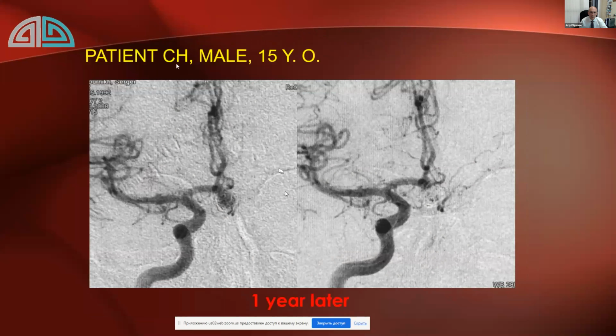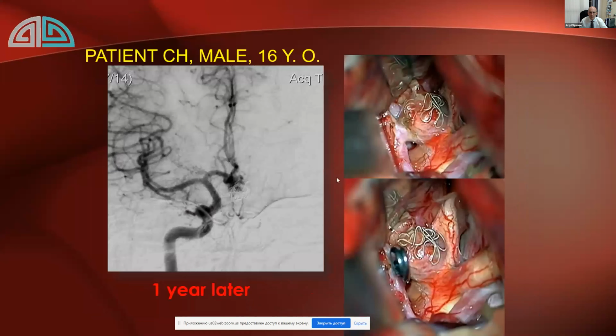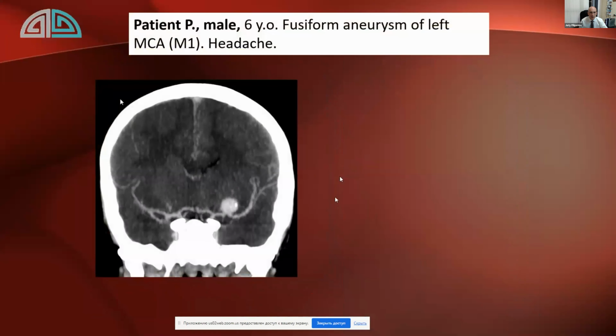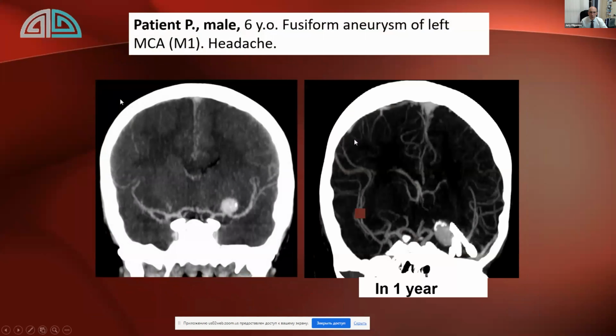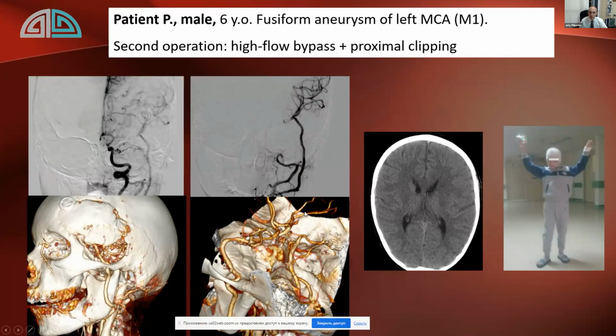For example, in this case the aneurysm was coiled in 2 stages, and after follow-up angiography, we decided to perform clipping. Another case, unsuccessful clipping of an aneurysm. At 1 year, we revealed a significant remnant, and after that we performed a high-flow bypass with radial artery, with good clinical result.